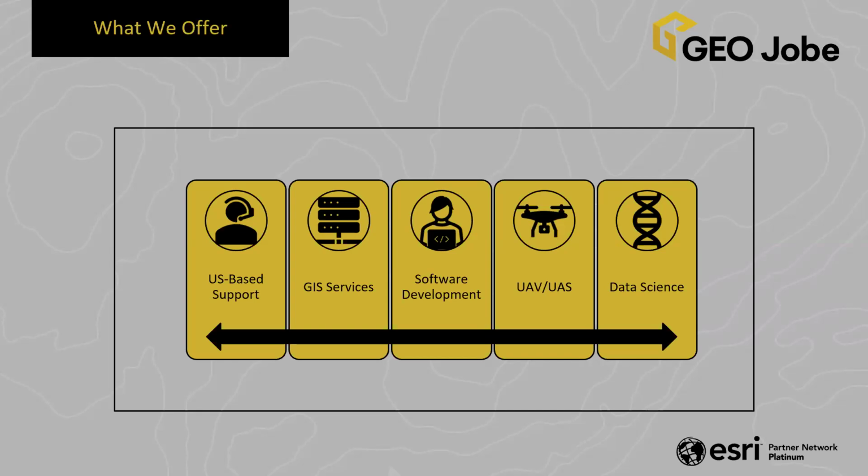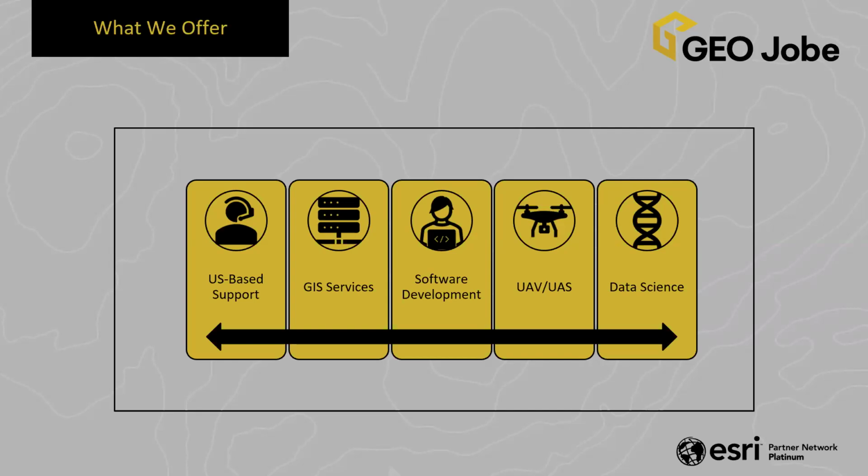We also help build out applications for stakeholders. We help clean up data, manage your data, and manage environments such as Enterprise and your ArcGIS Online. And we do a whole bunch more other than just GIS.